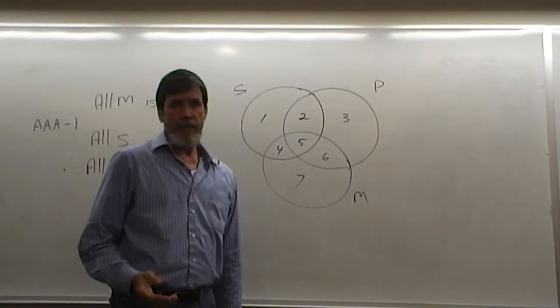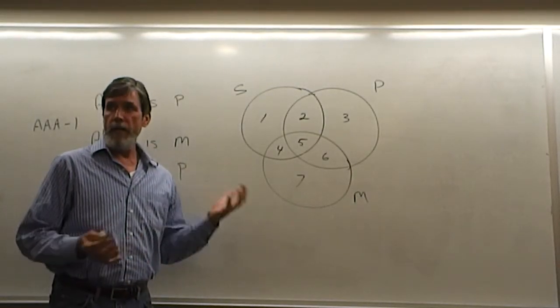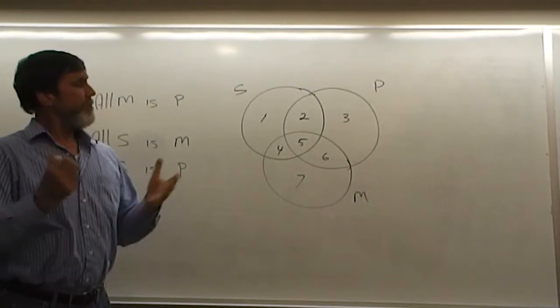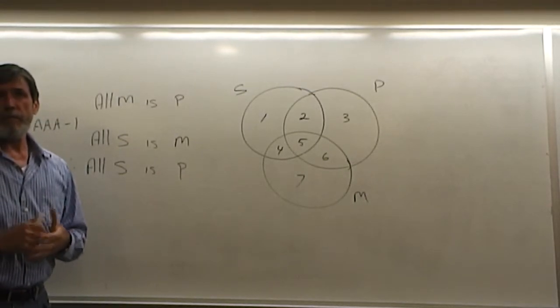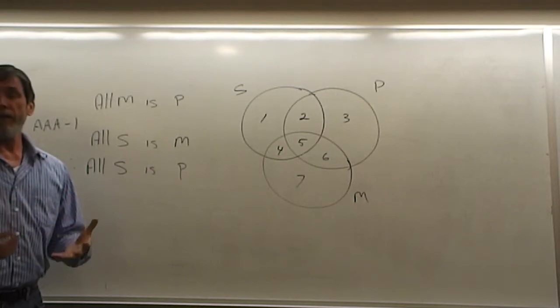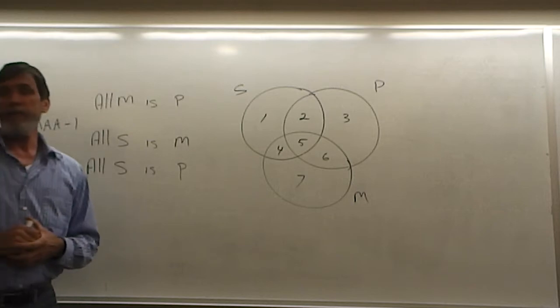Now, our definition of validity says this argument form is valid if, whenever all the premises are true, the conclusion can't be false. Not only do we not know if they're true or false, we don't even know what they are, because they're purely symbolic. But when we diagram a proposition, we are diagramming its truth. So we're going to diagram these two premises.